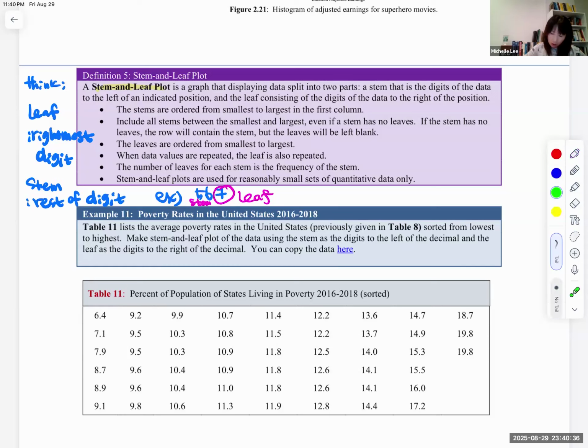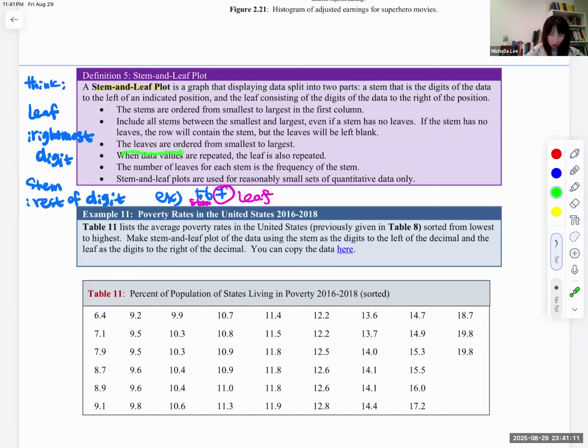There is more on stem and leaf plots. The stems are ordered from smallest to largest. In the first column, include all stems between the smallest and largest, even if a stem has no leaves. If the stem has no leaves, the row will contain the stem, but the leaves will be left blank.